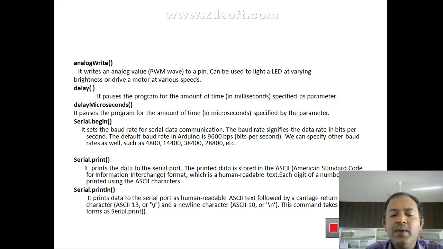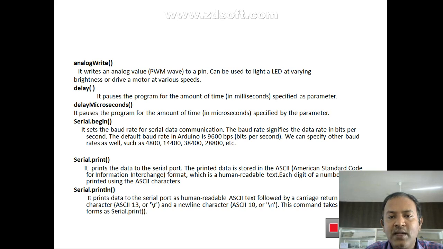And Serial.begin. What is the main thing if you are using Serial.begin? I have written the program and simultaneously I connect the board with a USB cable, so the program on the system communicates with the board via USB. It sets how fast the data is sent to the receiver.